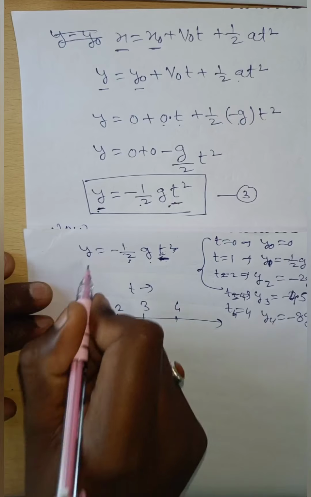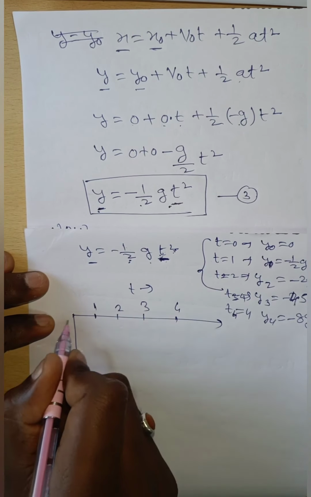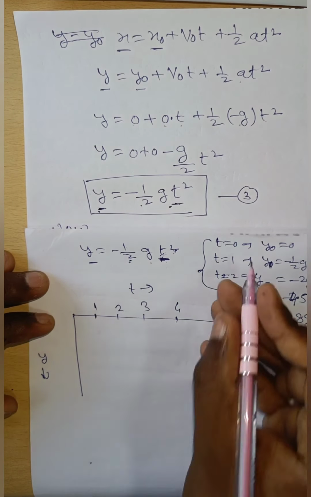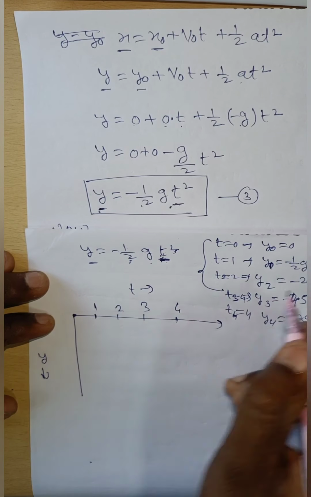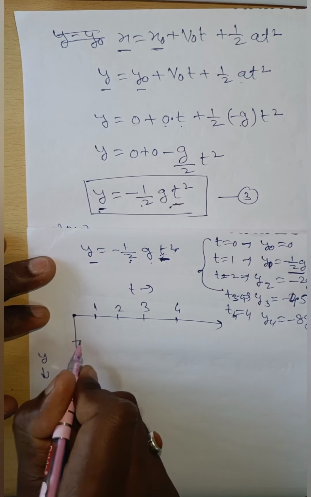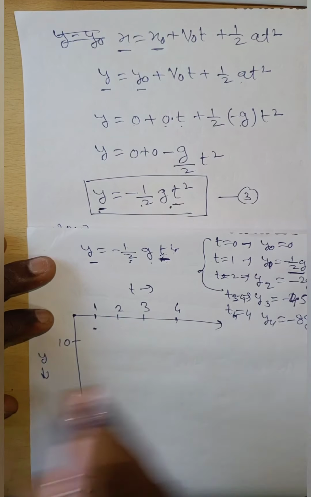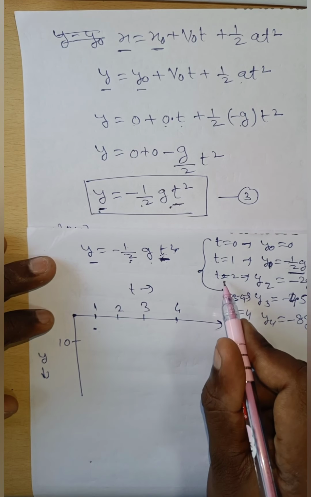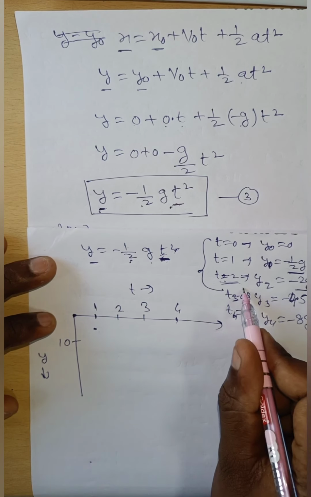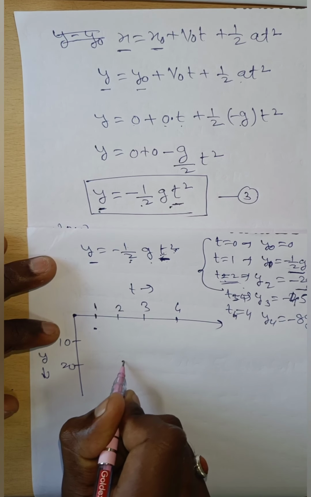Here is t, then displacement is negative, since y is in the downward direction. When t is equal to 0, y is equal to y0. When t is equal to 1 second, its value is minus g, so suppose nearly here is the point. When t is equal to 2, y is equal to minus 2g, and the point comes here.